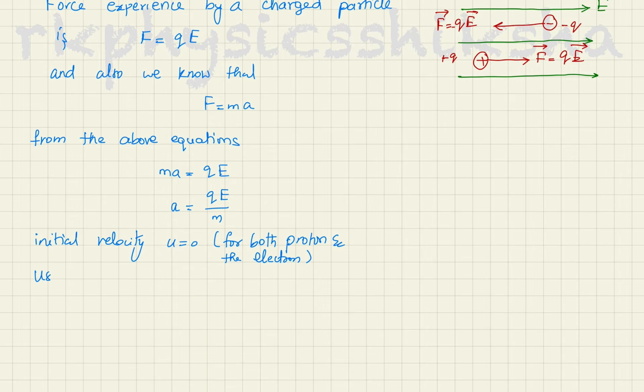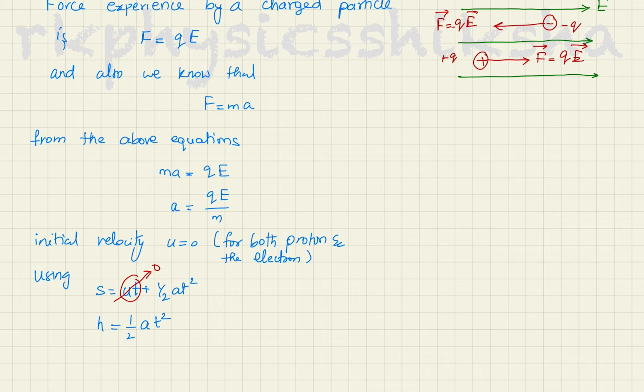So using S is equal to ut plus half at square, and here if you observe initial velocity is 0, so this whole term becomes 0, and S is equal to h, so what I can write is h is equal to half into at square.